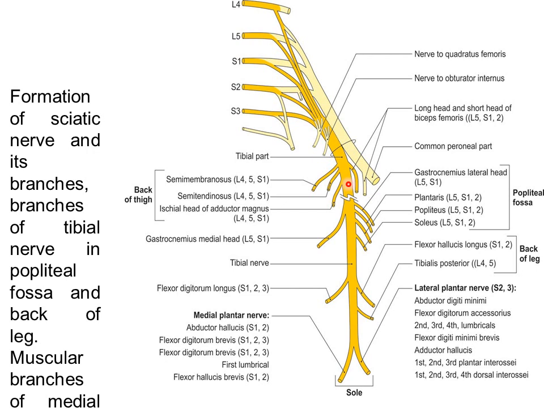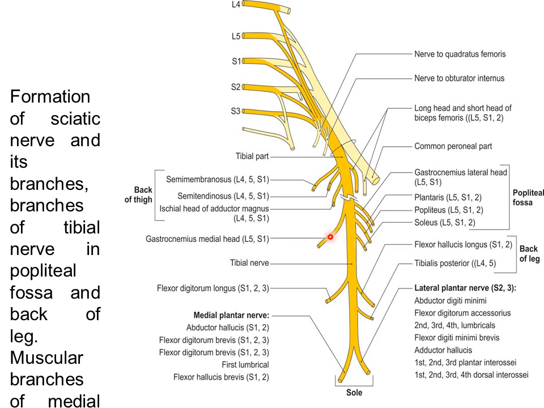So I told you the muscular branches of the tibial nerve: we have gastrocnemius, lateral head, plantaris, popliteus, and the soleus. These are the muscular branches arising from the lateral side of the tibial nerve, which is the dangerous side of the tibial nerve.